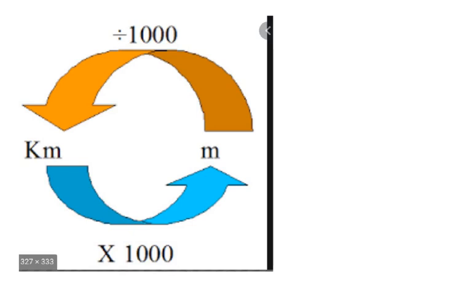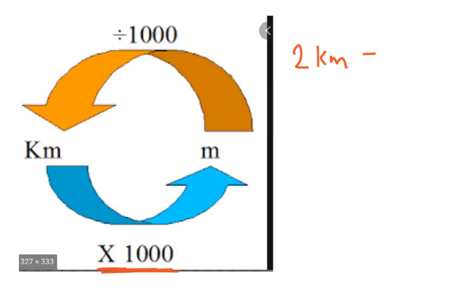So this is a really useful diagram here because it shows us what we have to do if we are converting from kilometres to metres. Now we know that there are 1,000 metres in 1 kilometre. So if we have 2 kilometres, then we have to multiply that by 1,000.